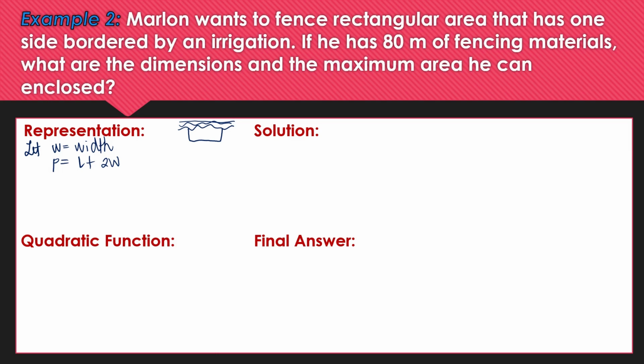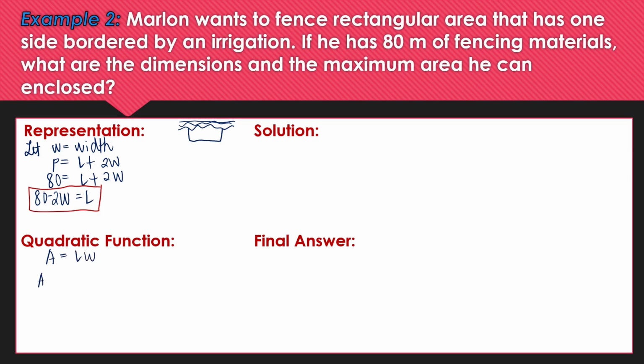So the fencing materials, the total is 80, is equal to L plus 2W. We want the representation for L. By addition property of equality, 80 minus 2W is equal to L. That will be the representation for the length. For the quadratic function, we again use area is equal to length times the width.